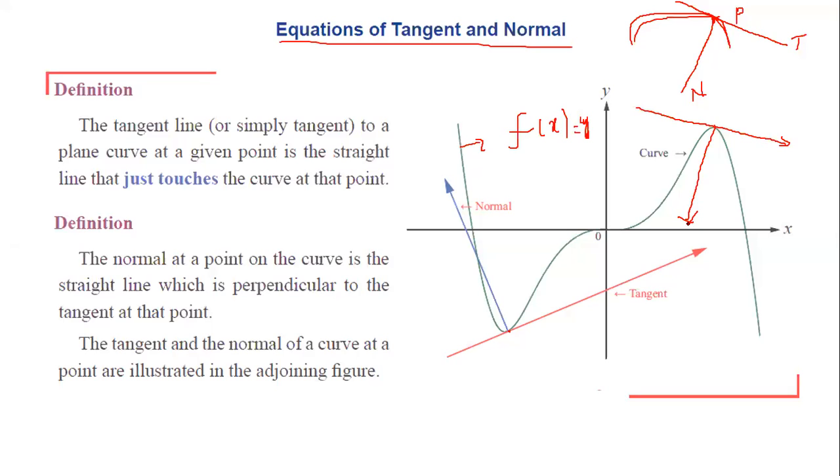Then what is the application of the tangent and normal in differential calculus? So how to calculate that? See the definition of the tangent. A tangent line, or simply tangent, to a plane curve at a given point is a straight line that just touches the curve at that point.